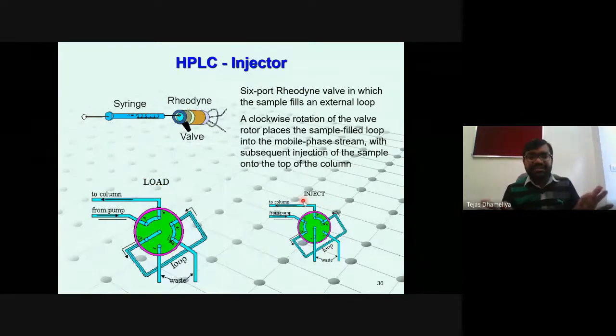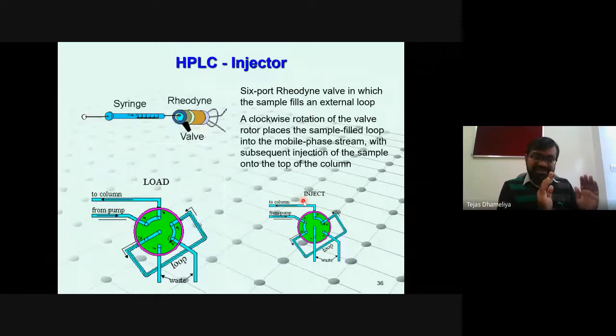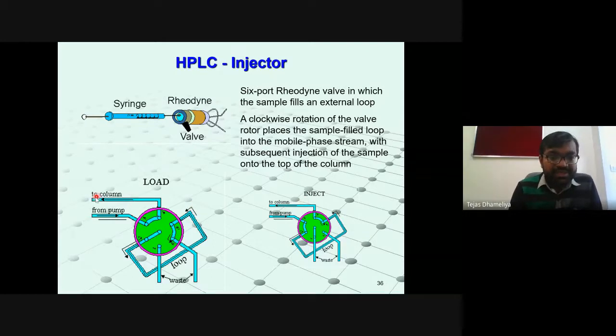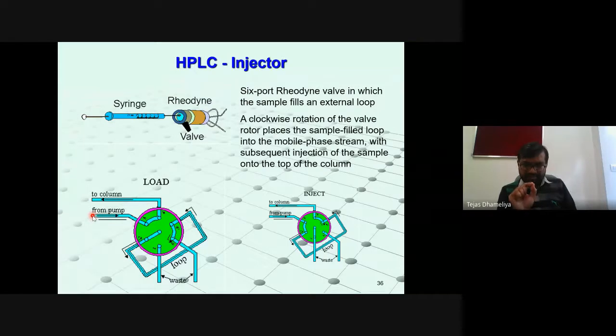Now let us understand the difference between load and inject. So friends, in load, this is the part which is coming from the pump, and the ports are numbered 1, 2, 3, 4, 5, and 6.